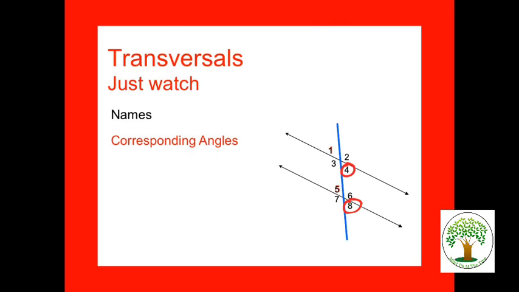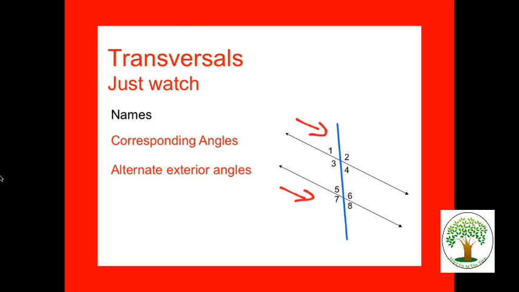Just watch. The next vocabulary word is alternate exterior angles. Okay? We have an interior and we have exterior. The interior are between the two lines. The exterior on the outside.